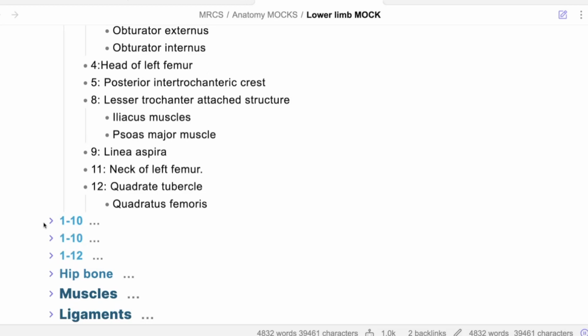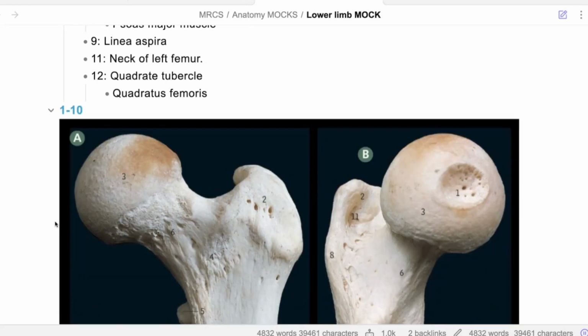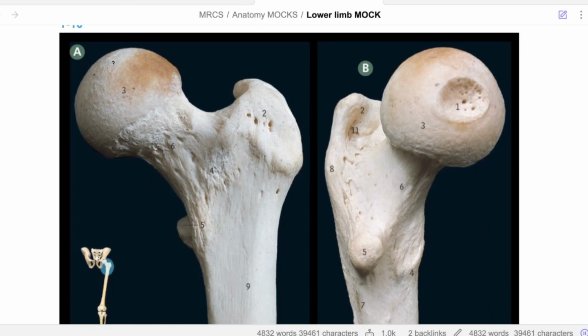Okay, from 1 to 10, we can just do it quickly. 3. It's the head of the femur of the left side again. 4. The intertrochanteric crest.